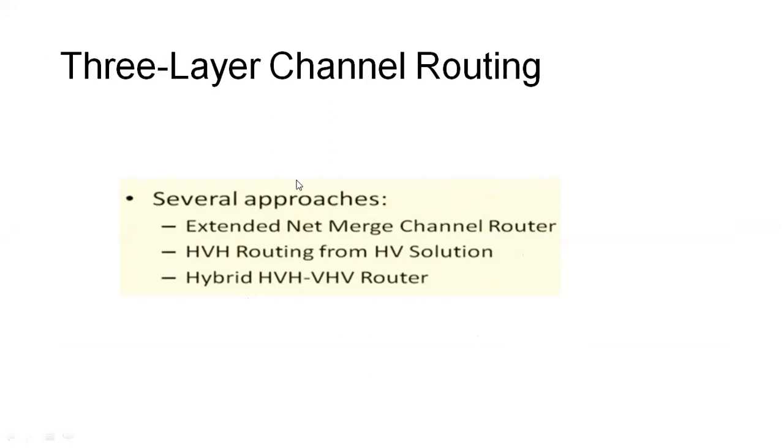There is another approach which starts with a two-layer solution and extends that into a three-layer solution. And there is a hybrid router, which considers horizontal and vertical both combined, and tries to complete the three-layer channel routing.